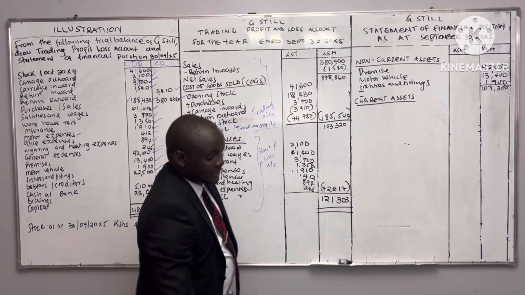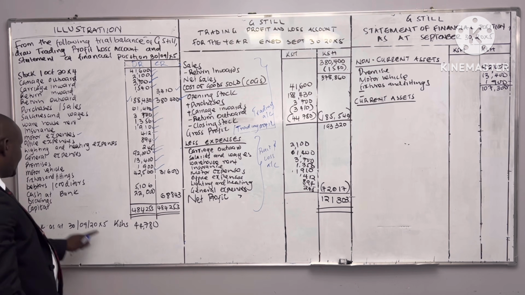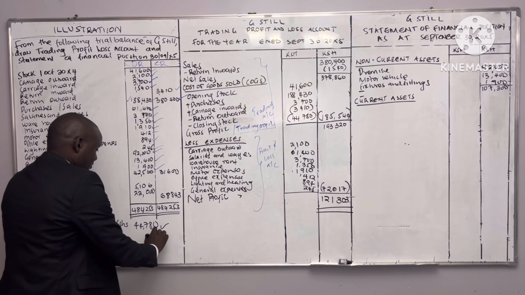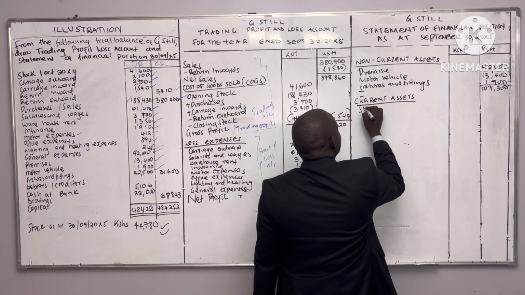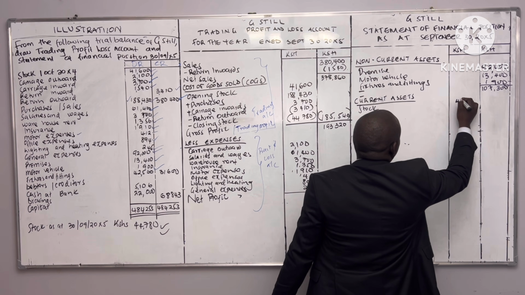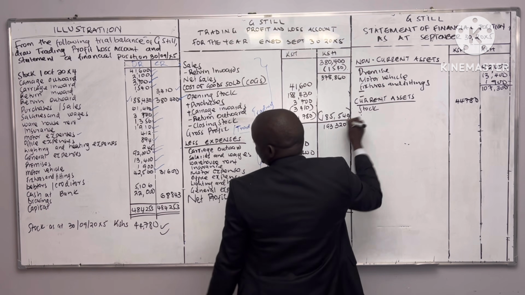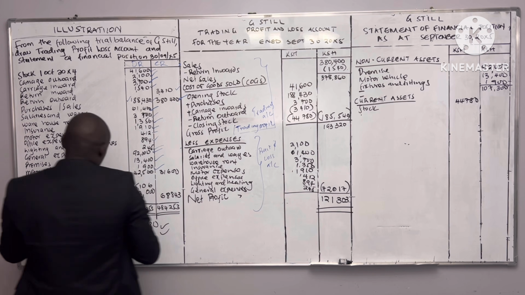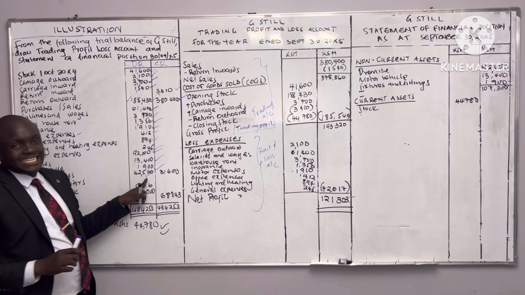Under current assets, we have the debtors, or we can start with this one. This one we had already posted once, so we post twice. We can start with stock, which is 44,780. We can now go to debtors, which are usually on the debit side.